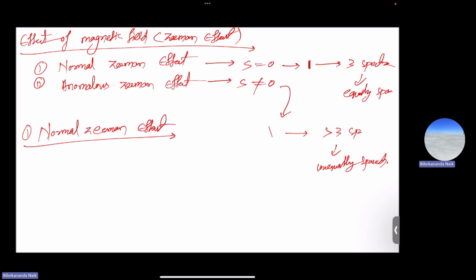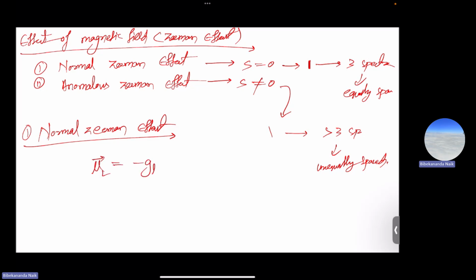When an electron is revolving around the nucleus and there is no spin we are considering, in case of singlet states, the spin angular momentum becomes 0. So there is only orbital angular momentum. The corresponding magnetic moment due to the orbital angular momentum will be mu L vector, that we have already discussed in the vector atom model.